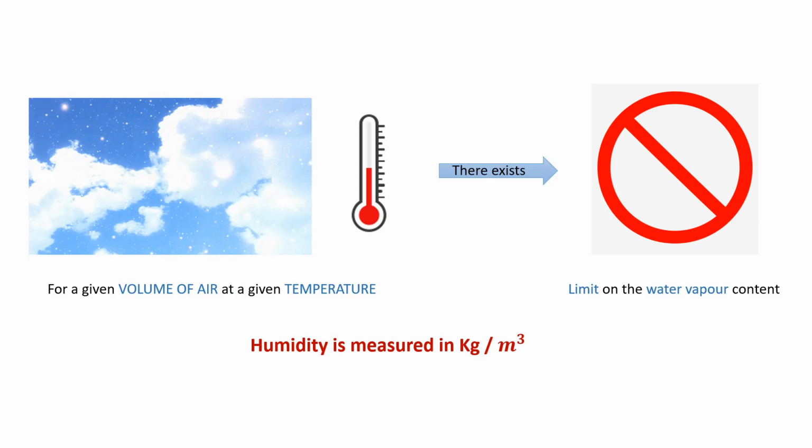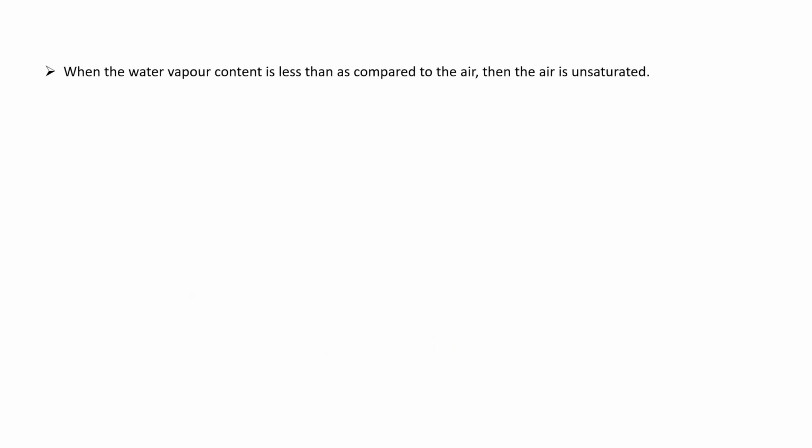So let's see some points related to humidity. Here is the first point. When the water vapor content is less compared to the air, then the air is known as unsaturated air. It means when the water vapor content is below the limit for the air present in that particular area, the air is said to be unsaturated with respect to water vapor.